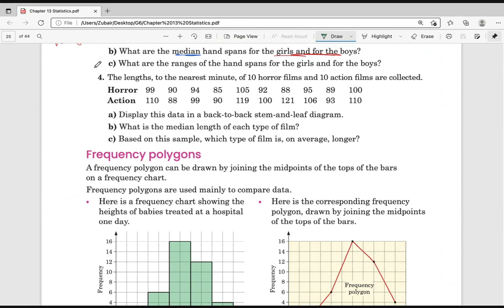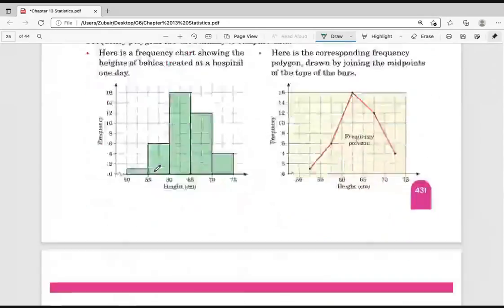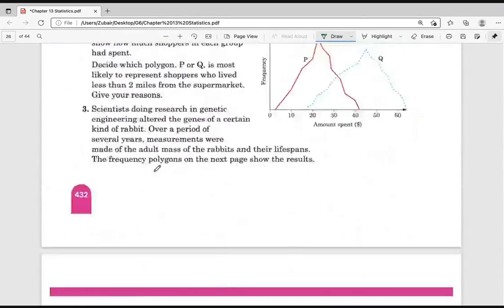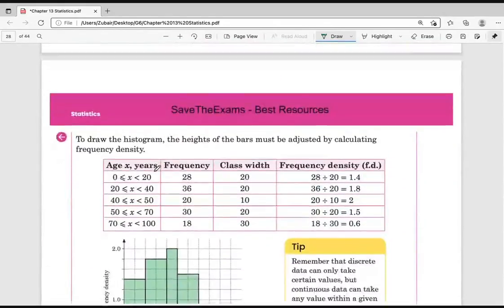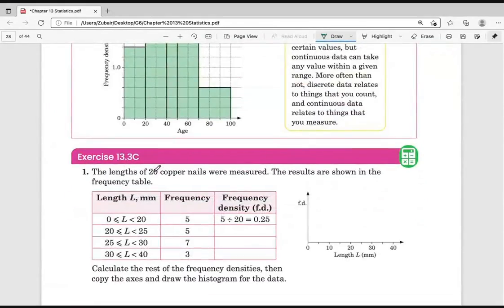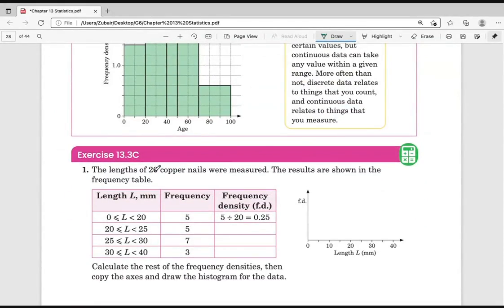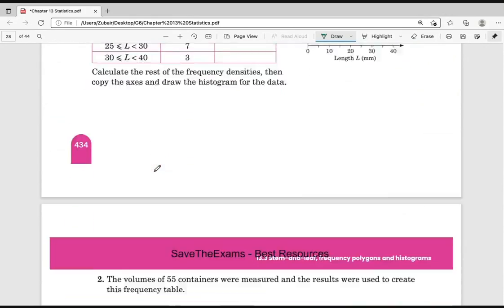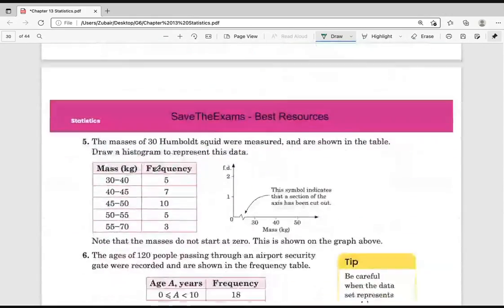So you're left with only one question. Do that for practice, and inshallah we'll start from here. This is not much of a topic. Frequency polygon we will complete quickly. And I think we'll be able to solve the next two exercises in one class.